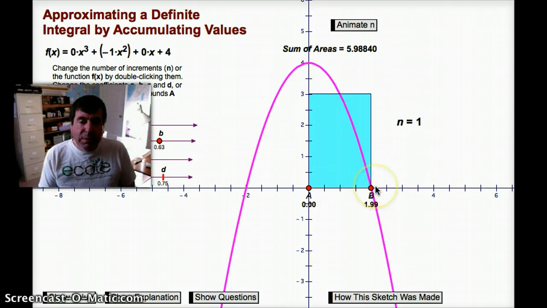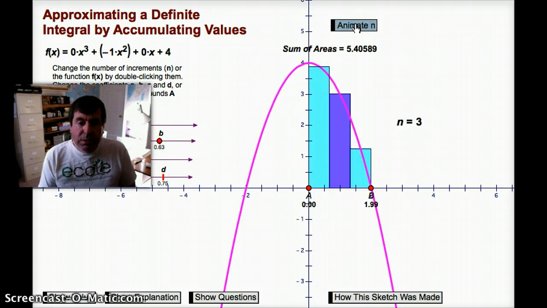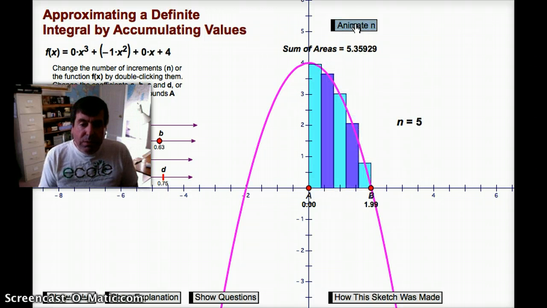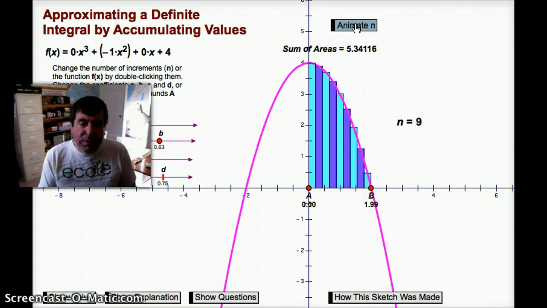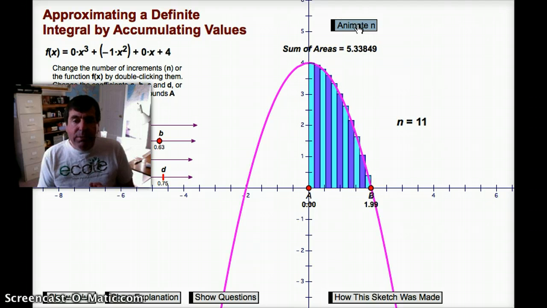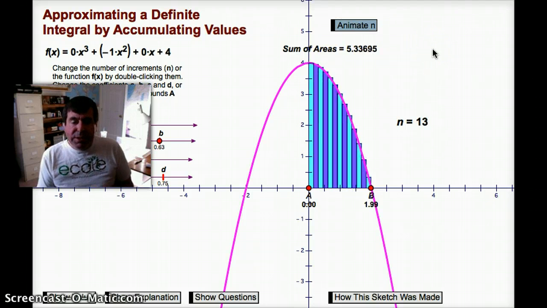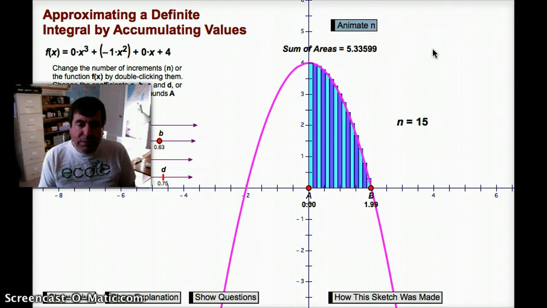So let me explain what I mean by that. I'm going to animate the screen, and we're going to make more and more rectangles and find the area of each rectangle and add them together to approximate the area under this curve.